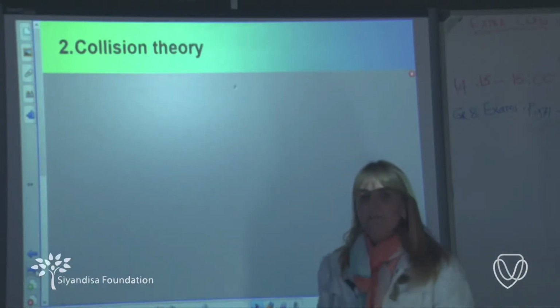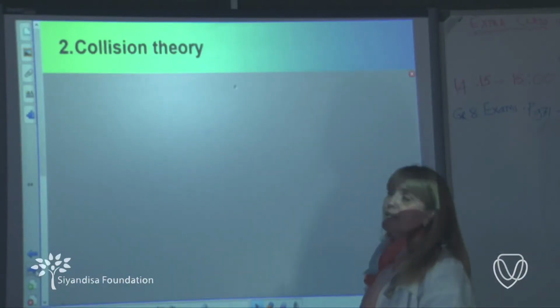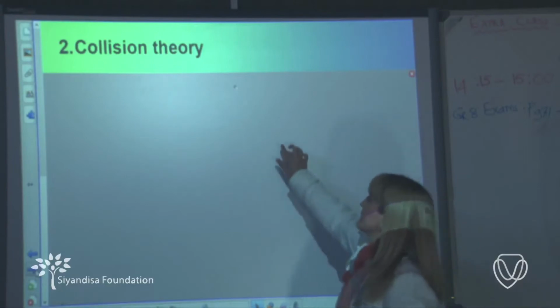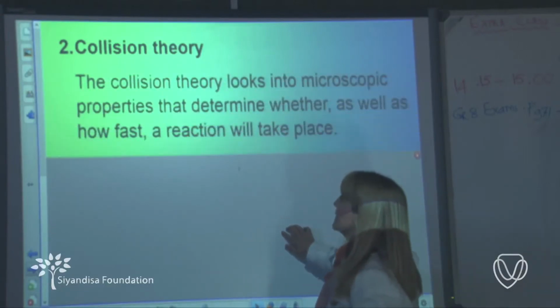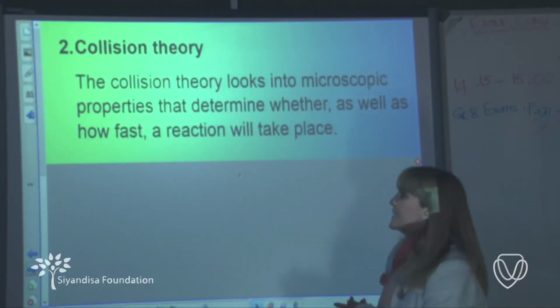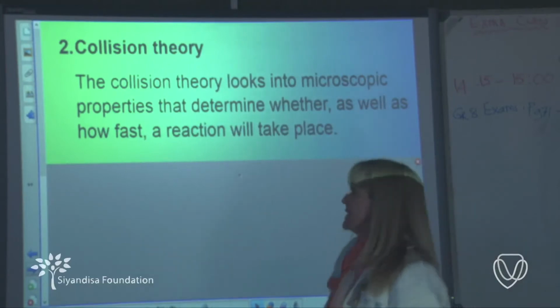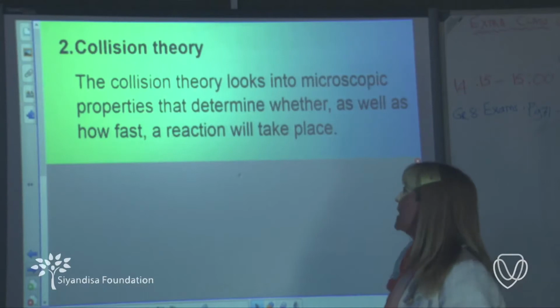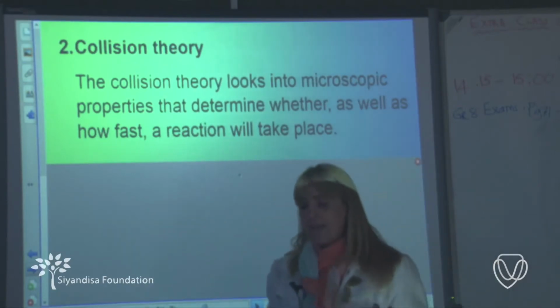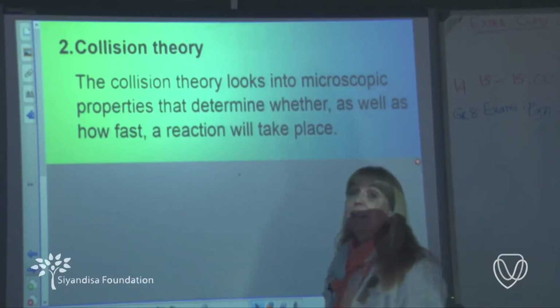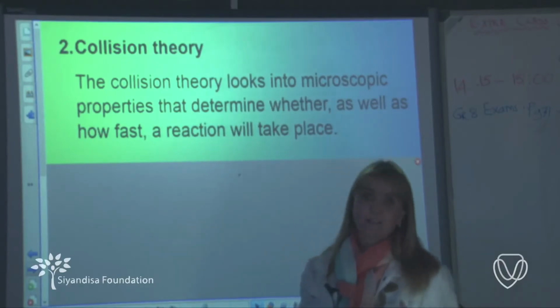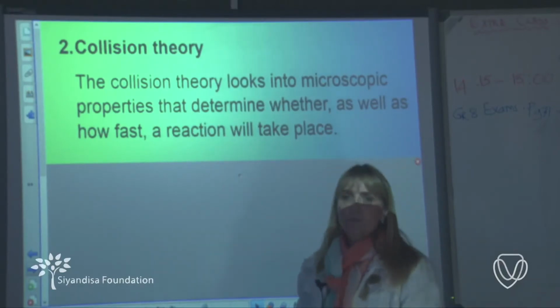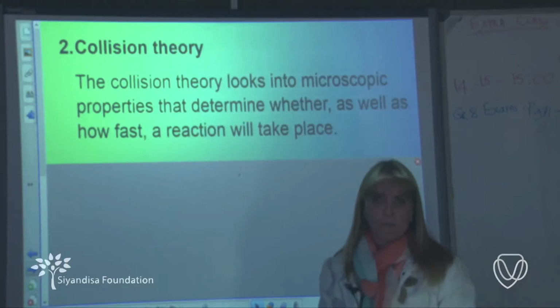But more importantly for this section of work is the collision theory. Right. Now, to start off with, the collision theory looks into microscopic properties that determine whether, as well as how fast, a reaction will take place. Now, when you're in the lower grades, when you were doing natural sciences in grades 7, 8, 9, your teacher may have done a number of chemical reactions with you.